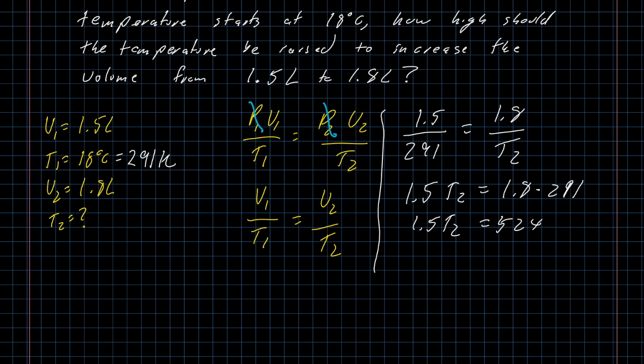And then I can get T2 by itself by dividing by 1.5. So if I take that 524 and I divide by 1.5, my calculator tells me that comes out at about 349. All right. And this is going to be in Kelvin.